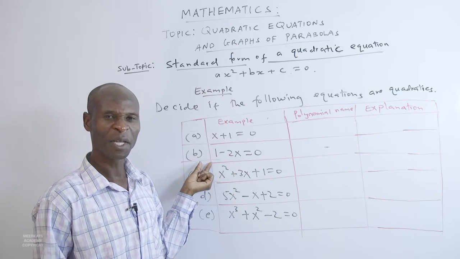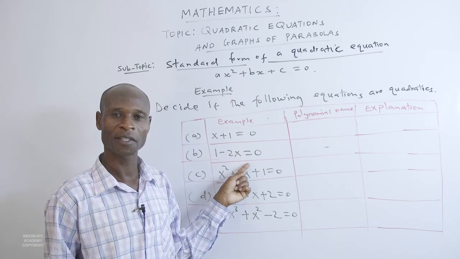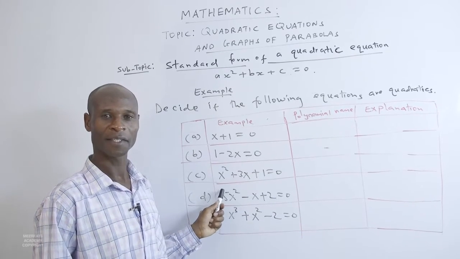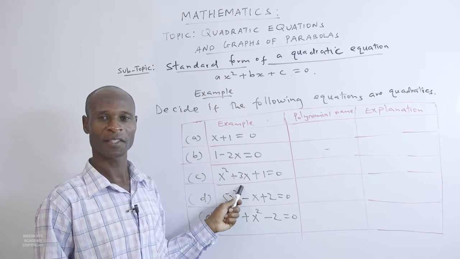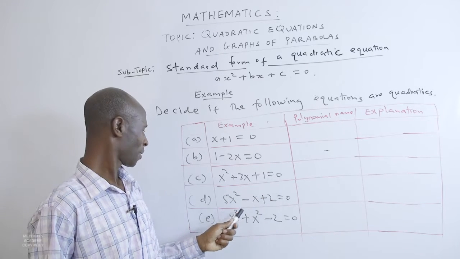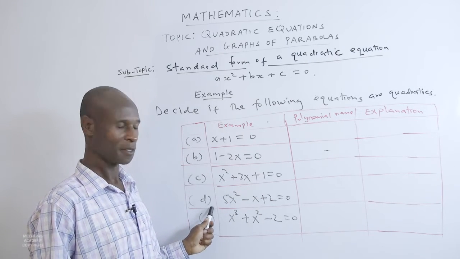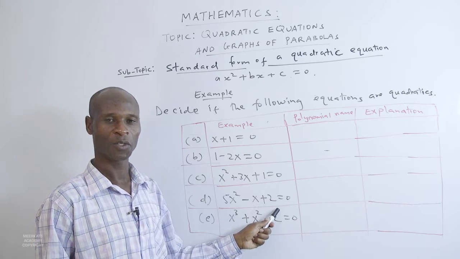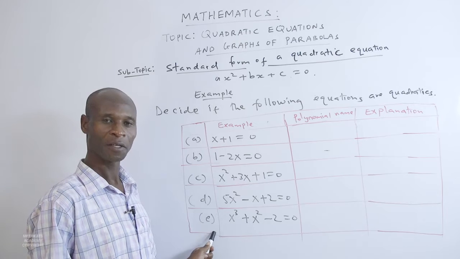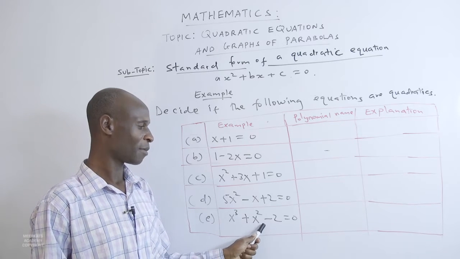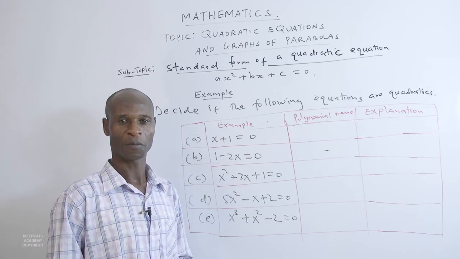Part B is 1 minus 2x is equal to 0. Part C is x squared plus 3x plus 1 is equal to 0. Part D is 5x squared minus x plus 2 is equal to 0. And part E is x cubed plus x squared minus 2 is equal to 0.